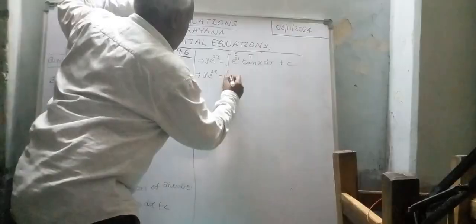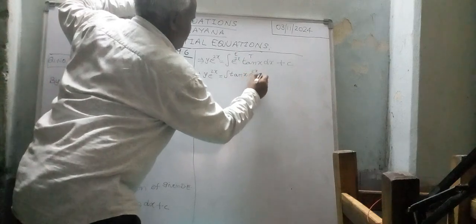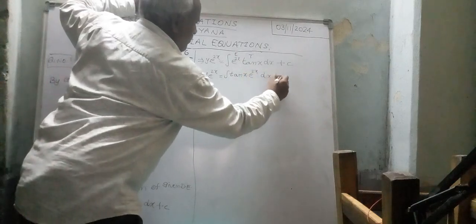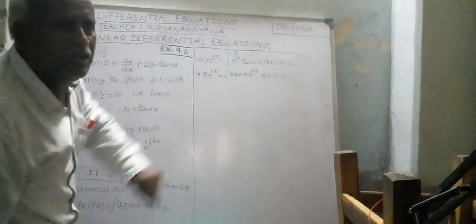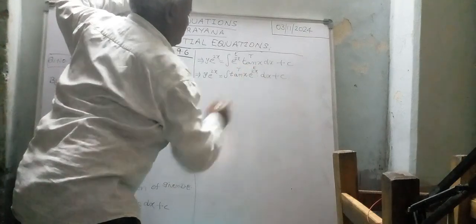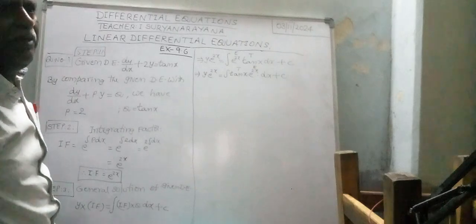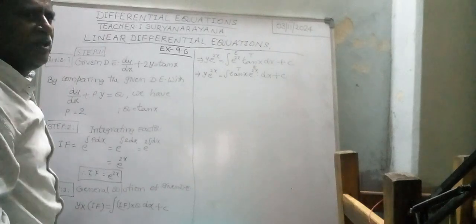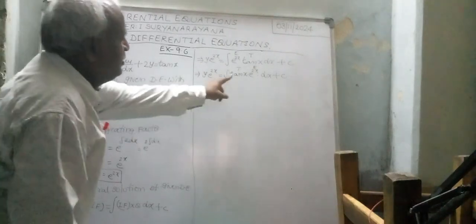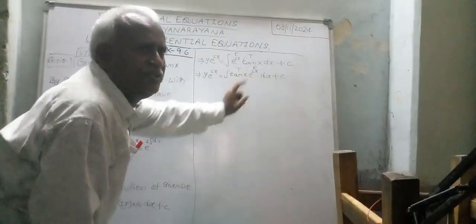So integral tan x into e power 2x dx plus c. Now we arrange the two functions in that particular order, trigonometric function and exponential function. Now hereafter we use integration by parts. What is the formula? This is f of x and this is g of x. Integral f of x into g of x dx is equal to, what is that?